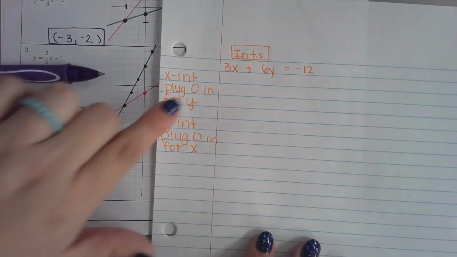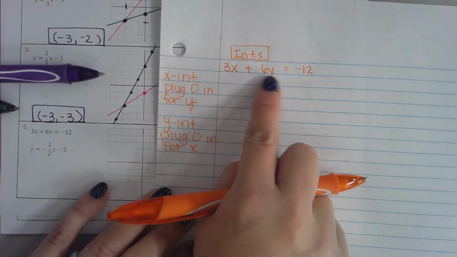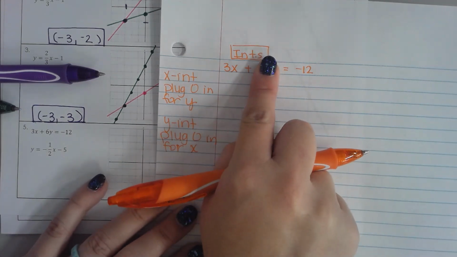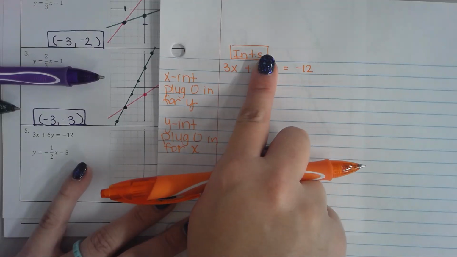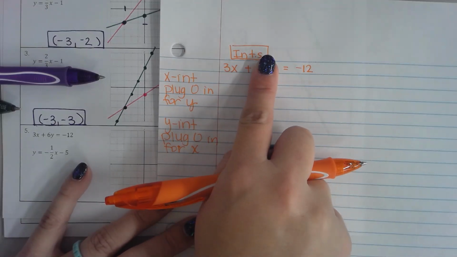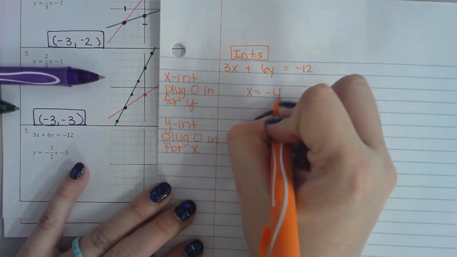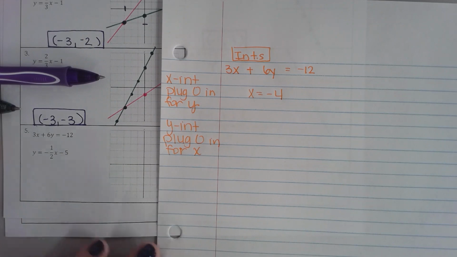So if I want to plug a 0 in for y, 6 times 0 is just what? 0. So I can literally just cover that up and pretend it's not there. If 3x equals negative 12, what does x equal? Negative 4. So I have an x-intercept at negative 4.